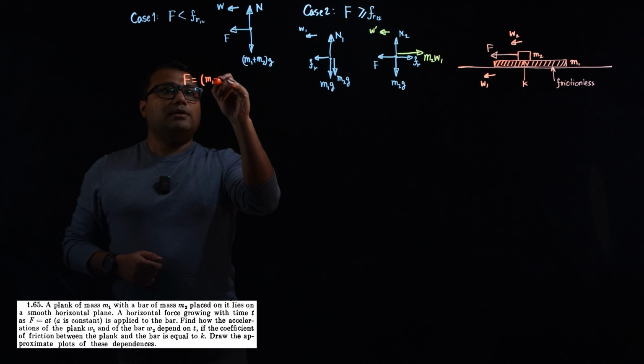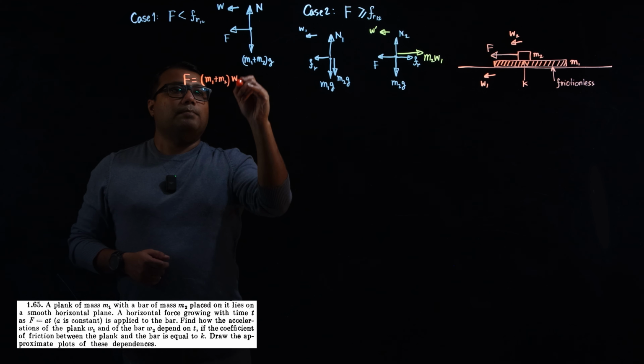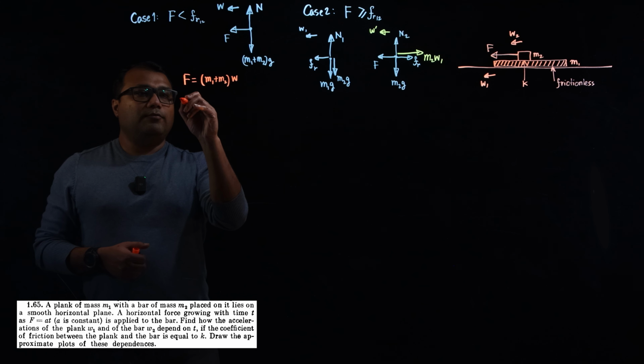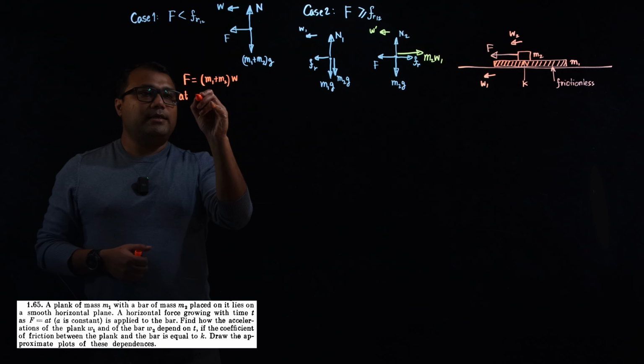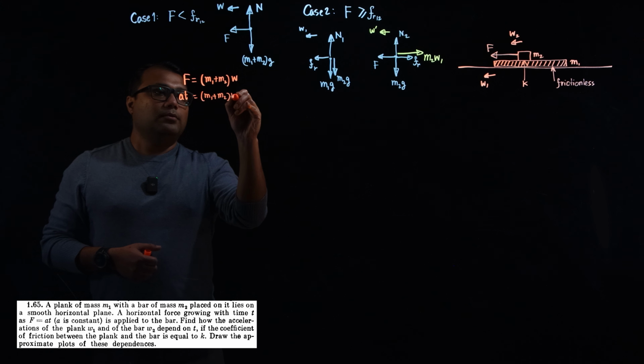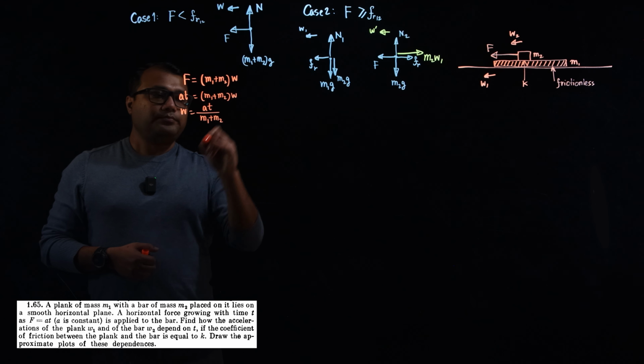So force F is responsible for the system's acceleration. So (M1 plus M2) W. From here, if we replace F as AT, we get W as AT divided by (M1 plus M2).